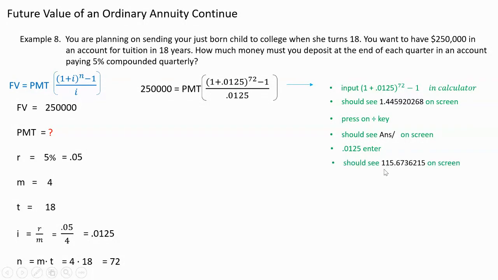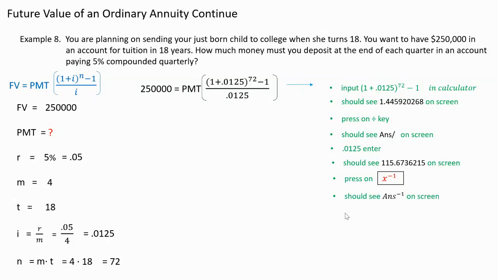So this is what you should see on your screen: 115.67362215. All this part on the right side is my answer here, 115.67362215.